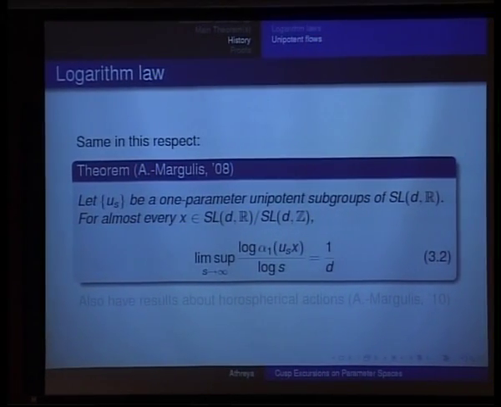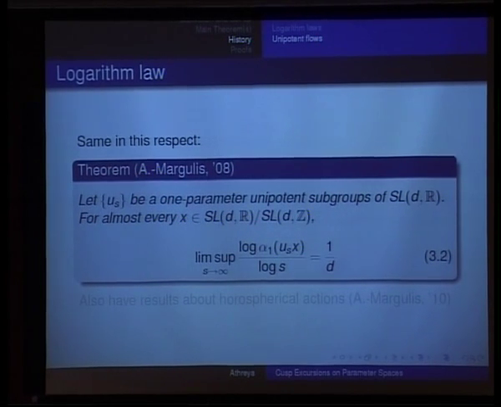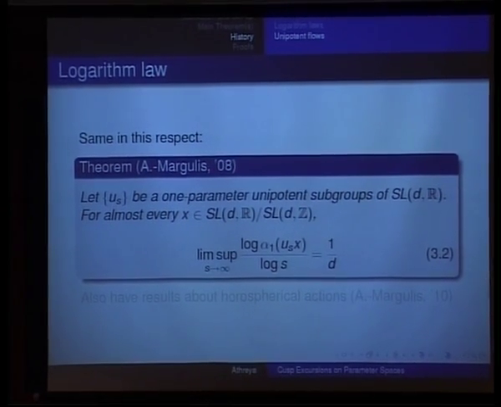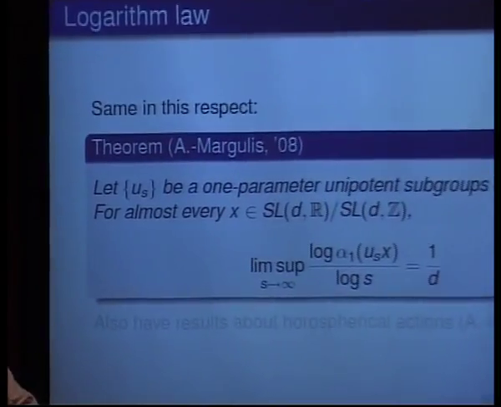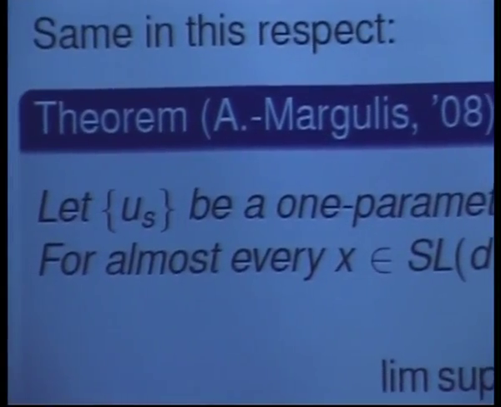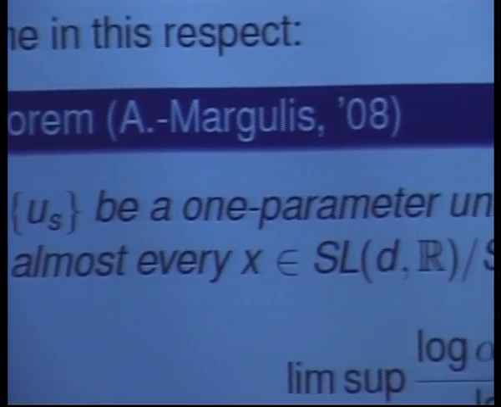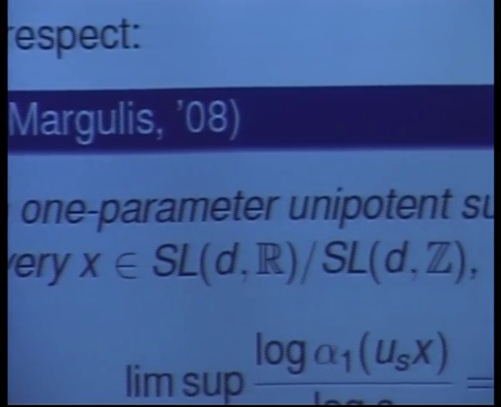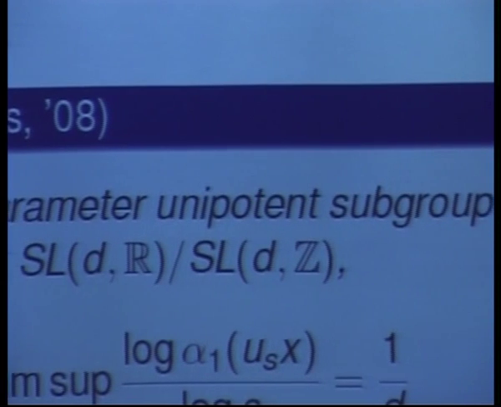So there is an interesting similarity, though. I was just saying, unipotent flows and diagonal flows are very different in many ways. But in this strange way, if you measure their worst behavior into the cusp, at least in this context, they're similar.